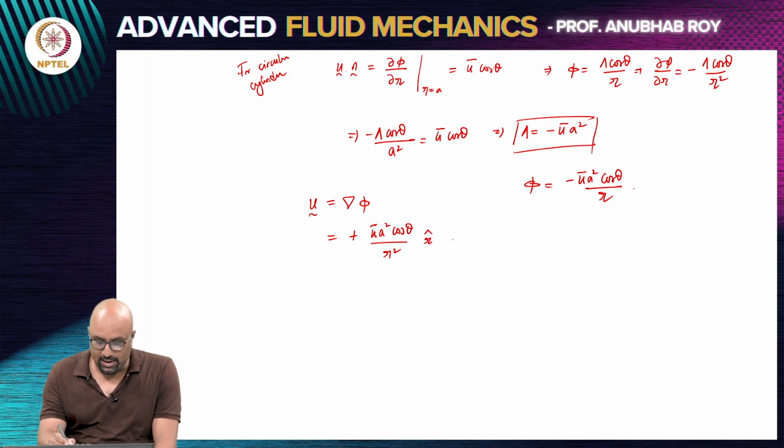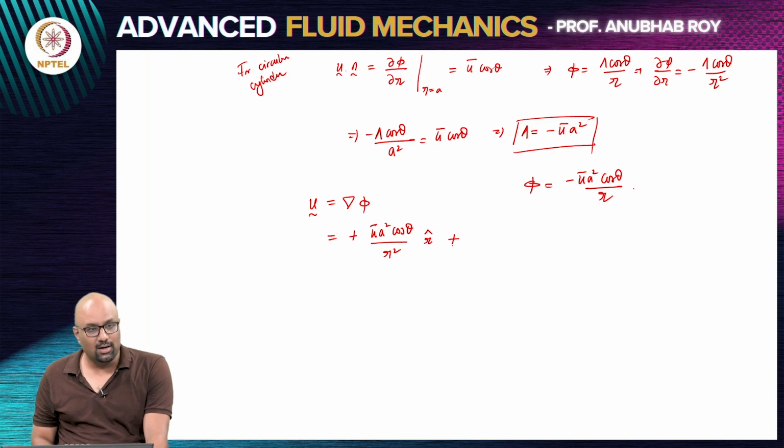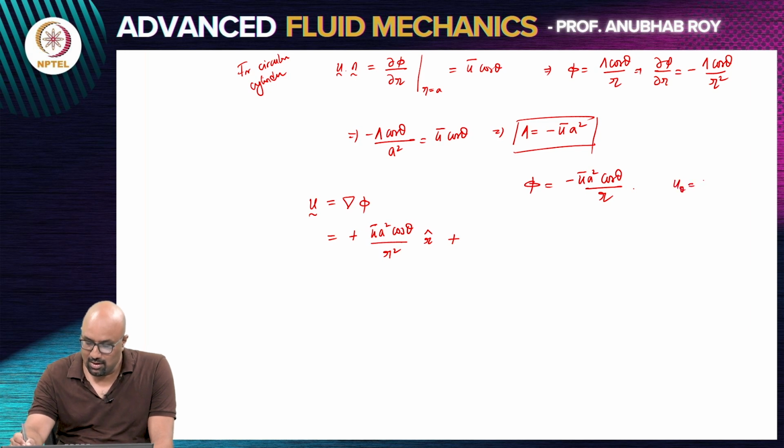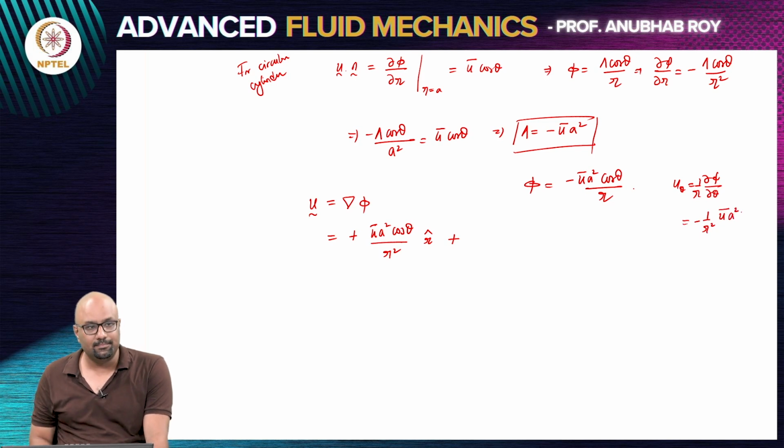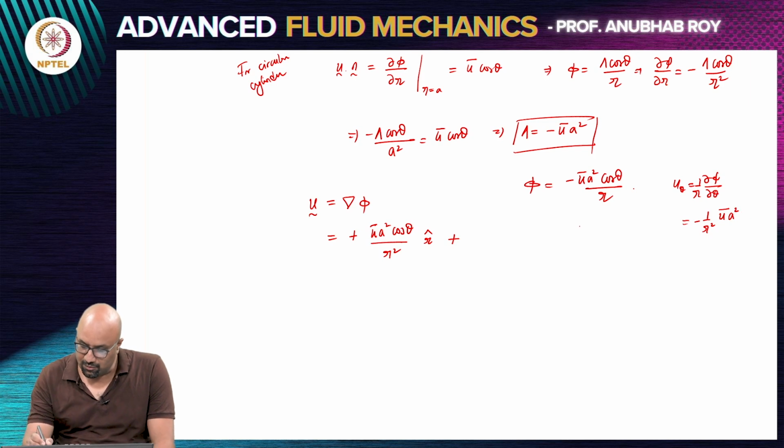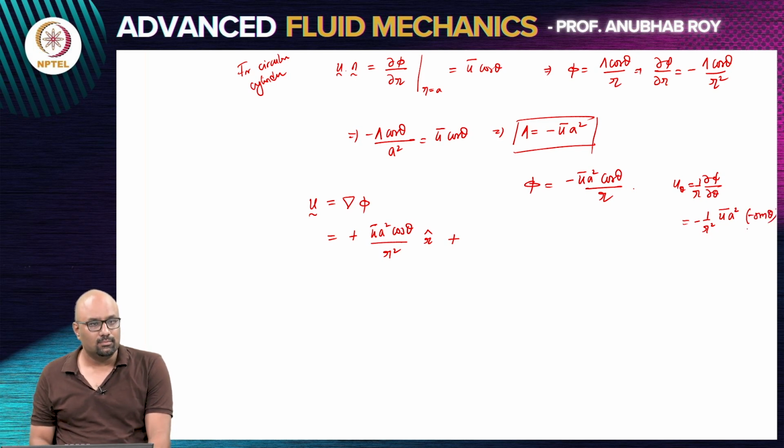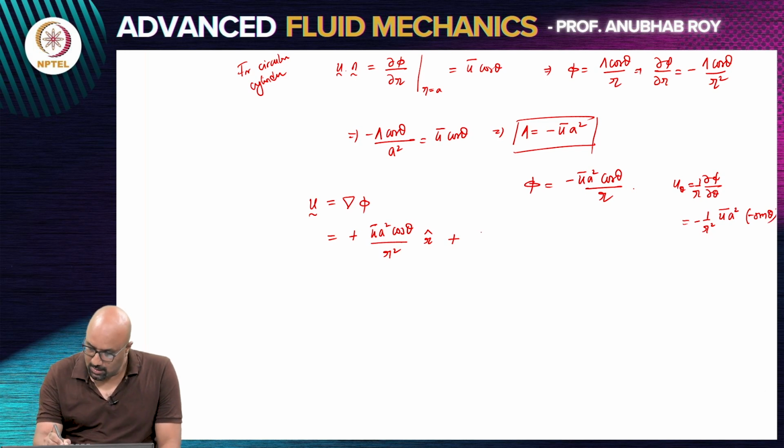This is in the radial direction, and then there is going to be an azimuthal component, and the azimuthal component of your velocity would be 1 by r dou phi dou theta, which is minus 1 by r square u bar a square. Dou phi dou theta would actually give me minus sin theta, right. So, I have a velocity u bar a square by r square.